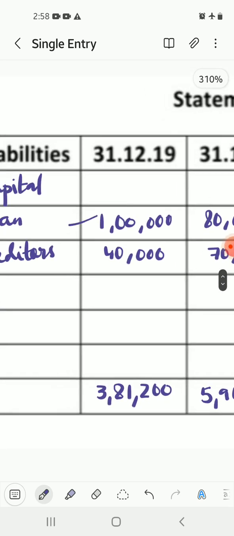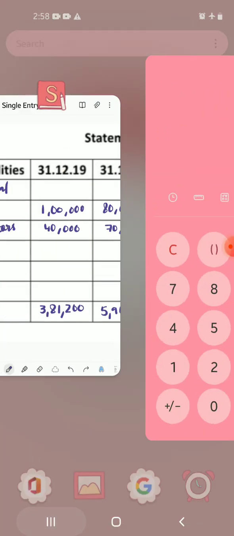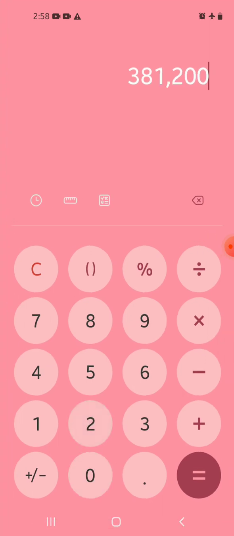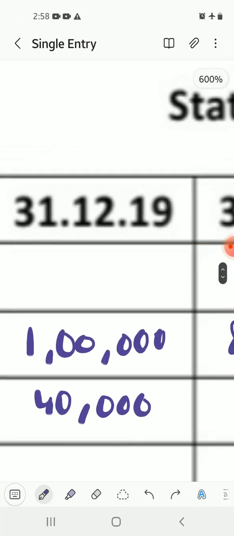Now we have to find the balancing figure. You can see here there is 1,40,000. So 1,40,000 is deducted from 3,81,200. 3,81,200 minus 1,40,000 comes to 2,41,200.